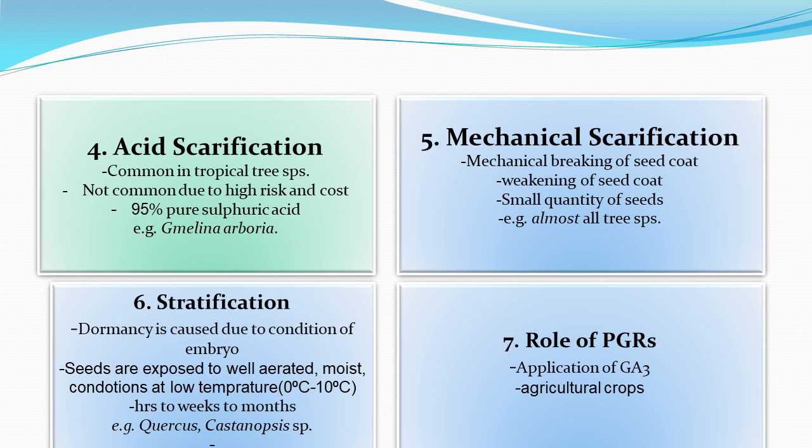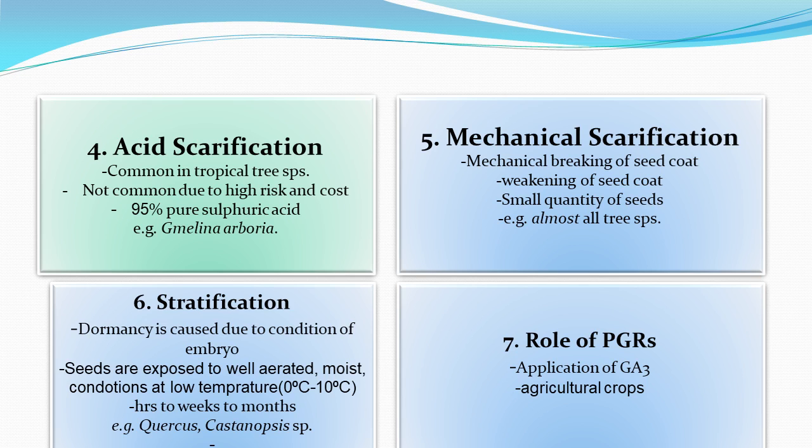In this method, gibberellic acid is simply used for breaking seed dormancy, and it also improves the rate of germination in agricultural crops. The application of GA3 may be through foliar spray or by treating the seed directly. Different concentrations of GA3 can be applied, depending on the type of plant species and the type and structure of the seed.